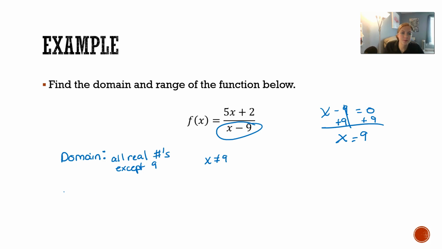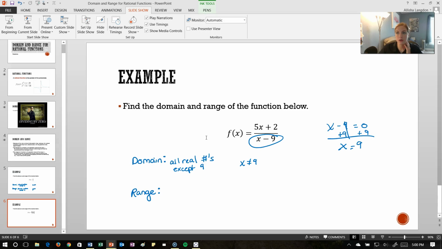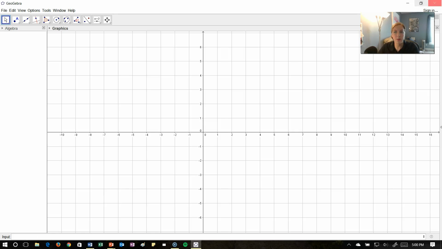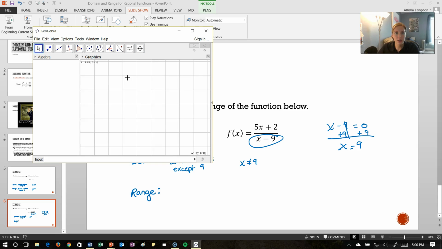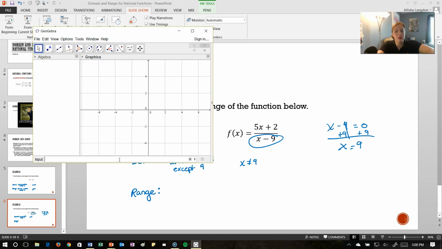That's the other way. Okay, so the range, remember, we want to go ahead and graph this and see what comes up. So I'm going to go ahead and grab my GeoGebra again. Now I'm going to delete my other function, and I'm going to have to type in, I do not have it memorized, so I'm going to just type in the input box, f of x equals.